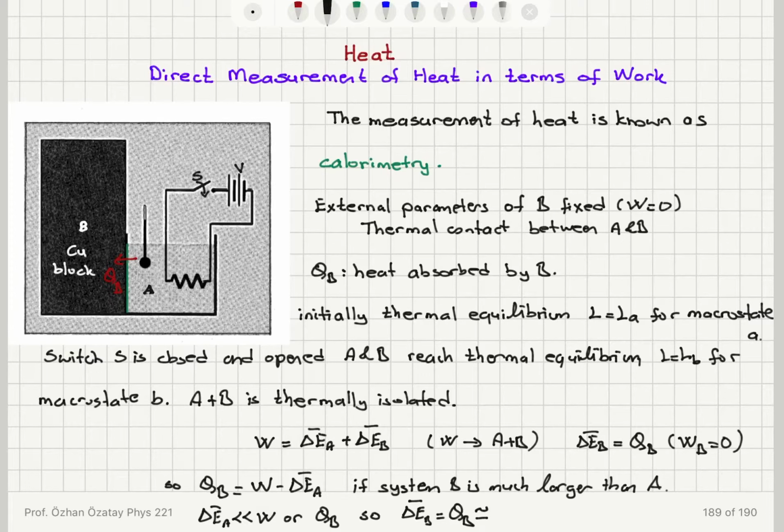This will be approximately equal to the electrical work done by the circuit connected to system A. So that's one way of approximately determining W, or Q_B, the heat absorbed by system B. You could also calibrate system A, the length readings as a function of the mean energy change in system A, and even without this approximation you could obtain the heat absorbed by the copper block in this experiment.